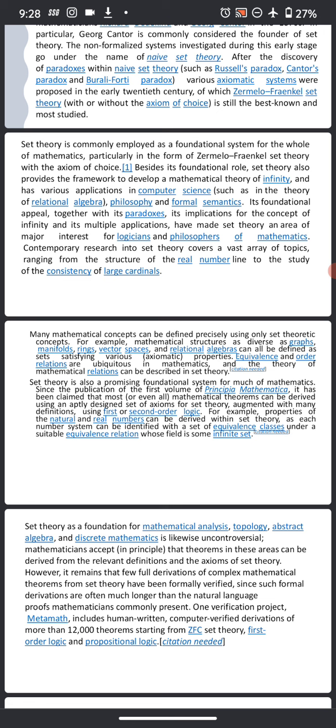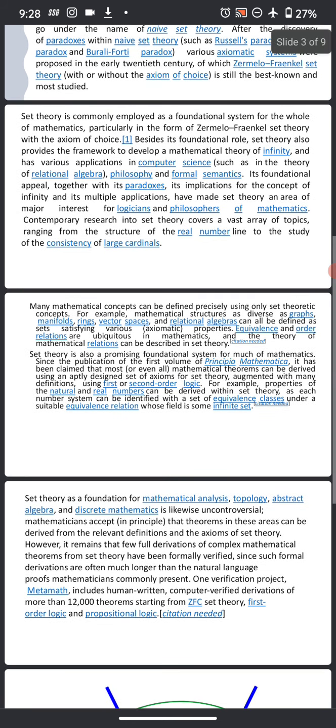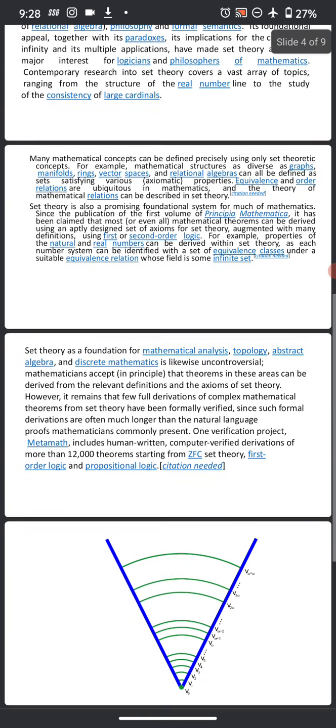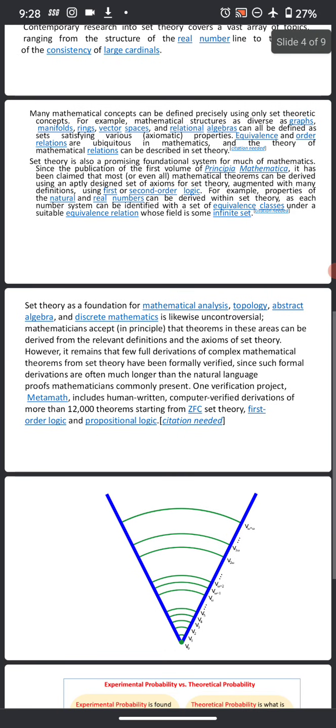For example, properties of the natural and real numbers can be derived within set theory, as each number system can be identified with a set of equivalence classes under a suitable equivalence relation whose field is some infinite set. Set theory as a foundation for mathematical analysis, topology, abstract algebra, and discrete mathematics is likewise uncontroversial.